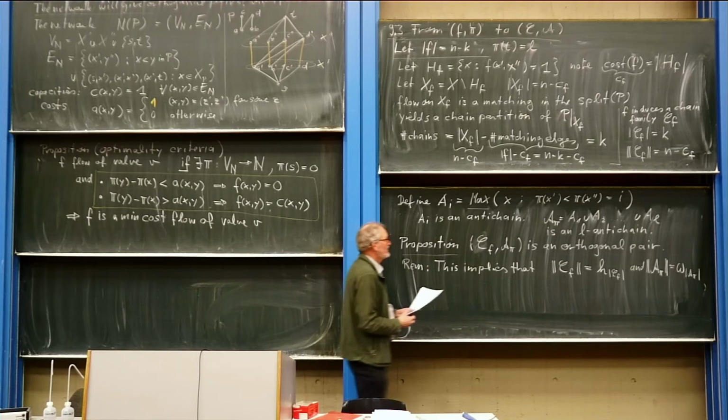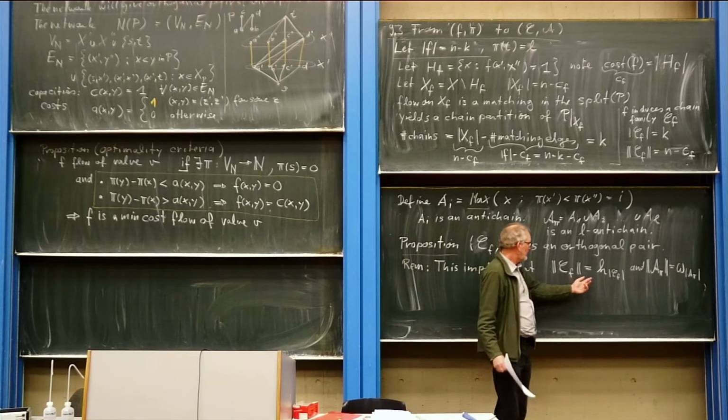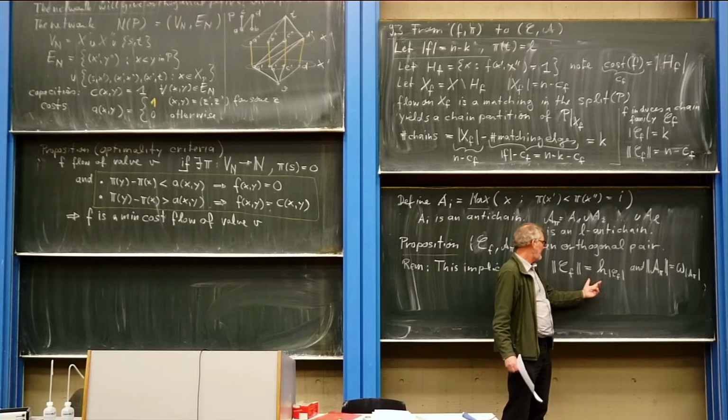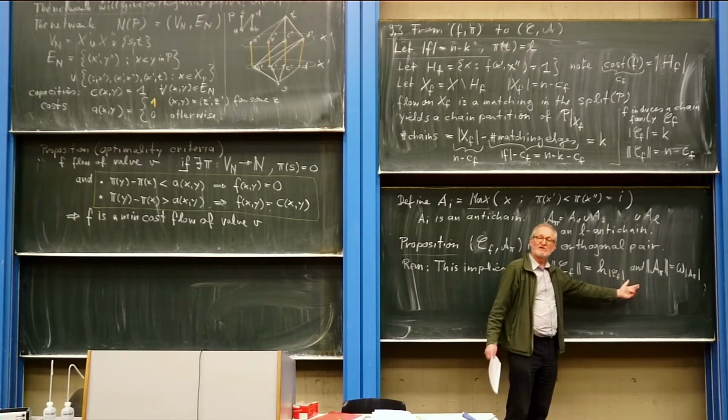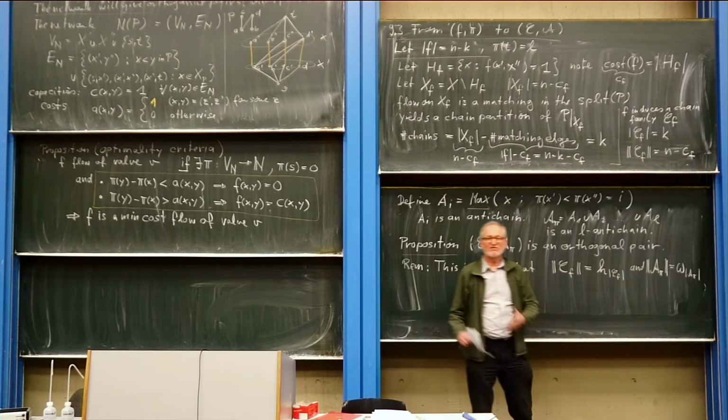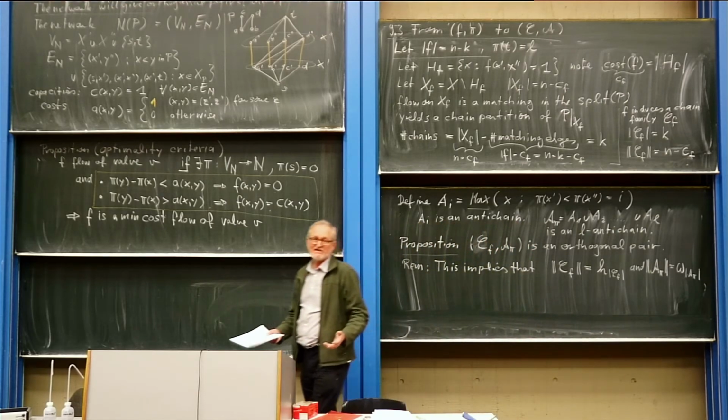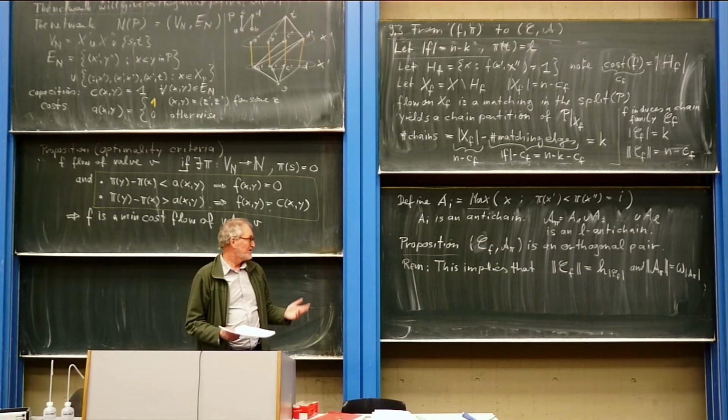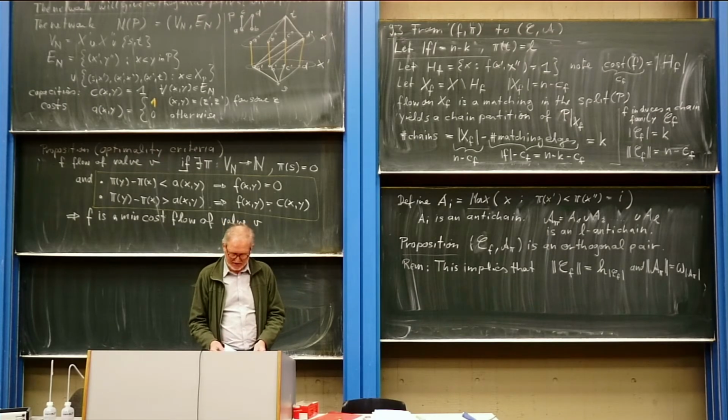So we get maximal families of chains and maximal families of antichains, and correspondingly saturated chain partitions and antichain partitions.